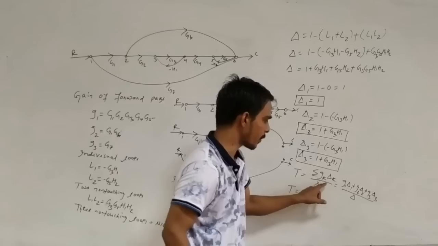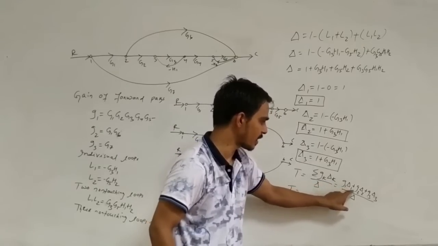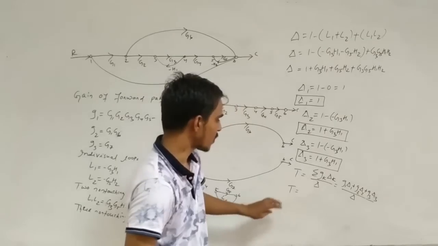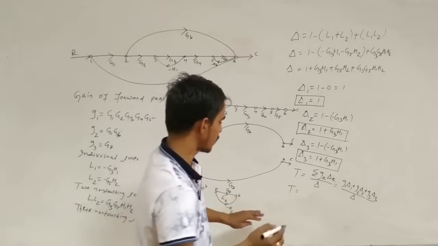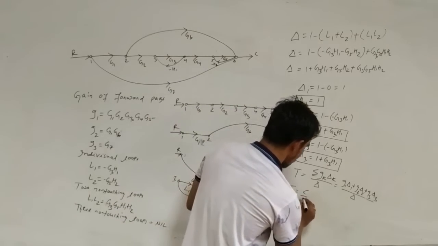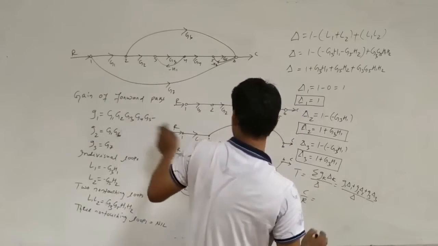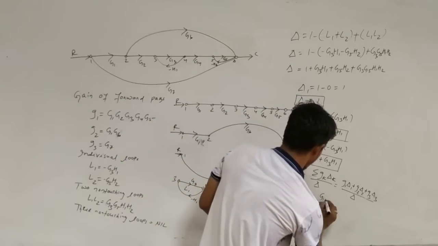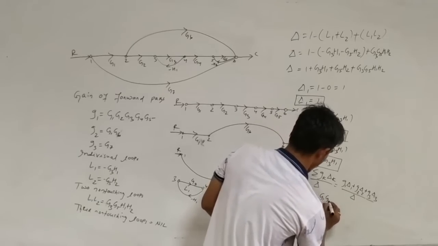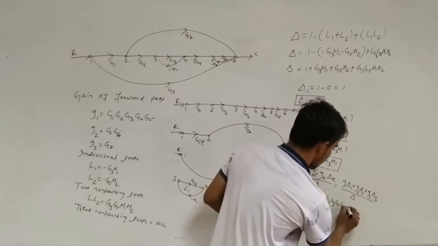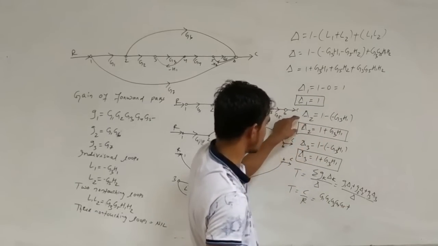With the number of forward paths being 3, T equals C by R, that is G1, G2, G3, G4, G5 times delta 1, which remains as it is.